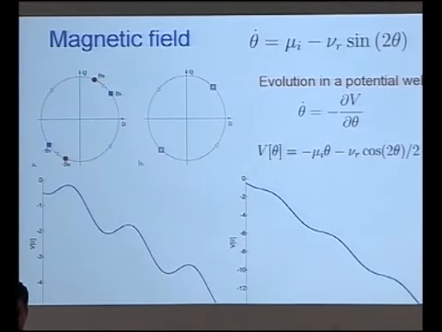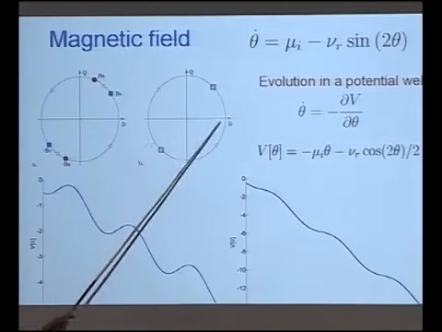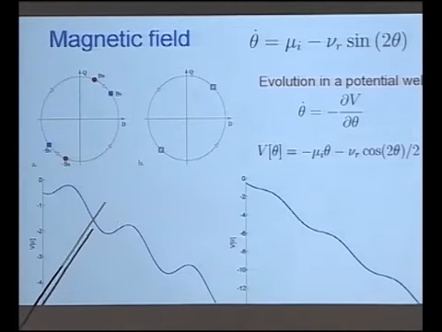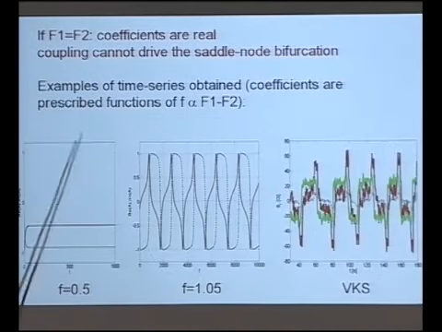If we increase mu_I, we evolve from a system with these different extrema of the potential into a system in which the potential is monotonous. For the particle, it means that we go from a regime where it's trapped in one of the solutions to a regime where it evolves periodically.